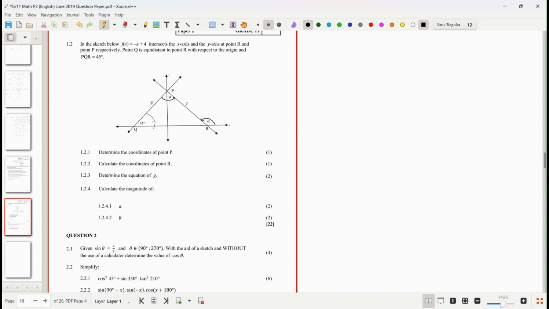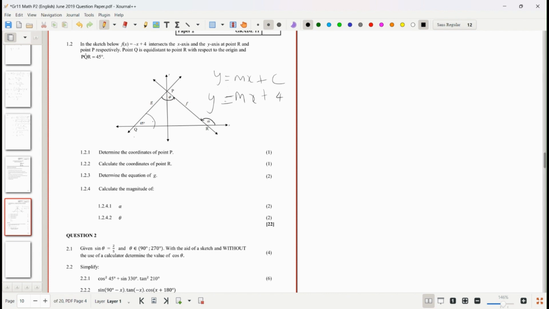So when we use y equals mx plus c, we already know c is 4. We need to find what m is, for us to have the complete equation. So how do we find m?